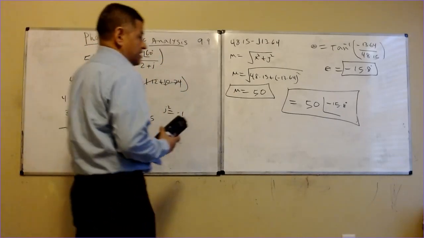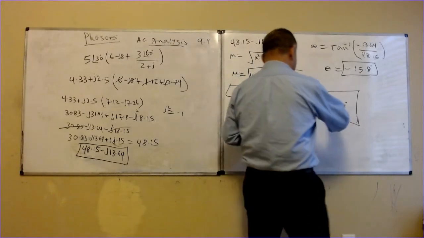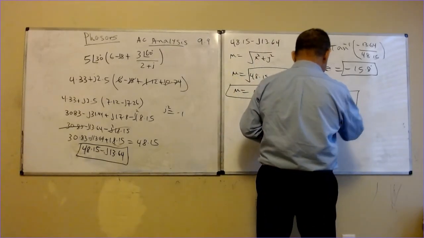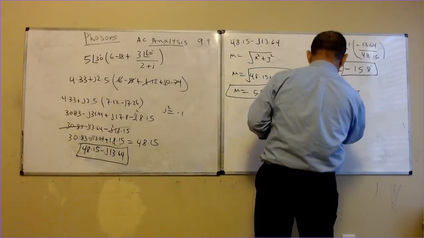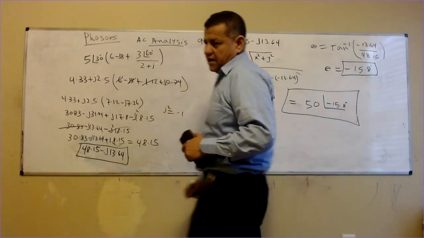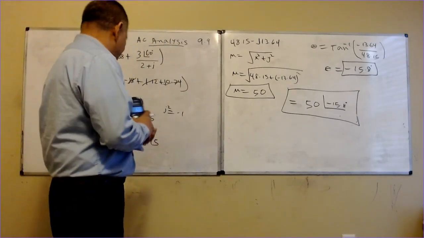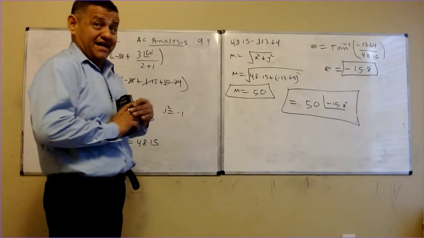It's a lot of work, but it can be done. It's one of those things that unfortunately you want to work out by hand. It's going to take a little while to get problems like this done.